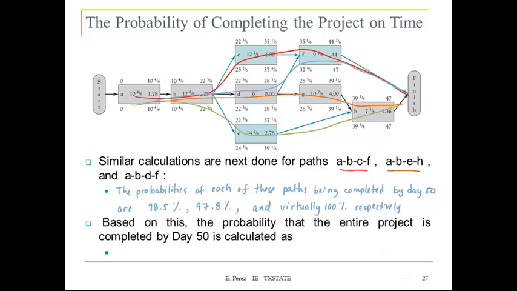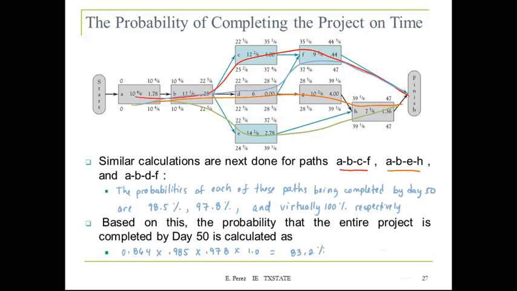So in that case, that will be 0.864 times 0.985 times 0.978 times 1.0. That's going to be equal to 83.2%.